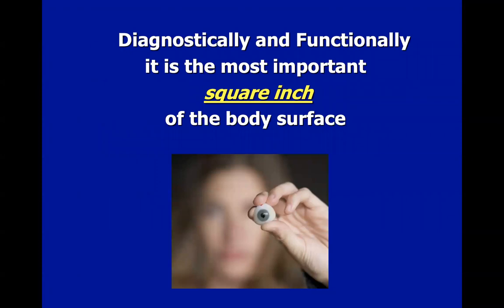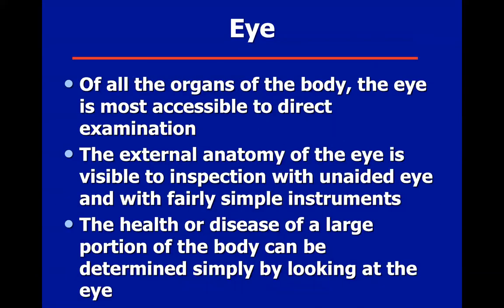Diagnostically and functionally, the eye is the most important square inch of the body surface. If you see that little opening there, that little inch is probably the most important part of your body surface. Of all the organs of the body, the eye is the most accessible to direct examination.